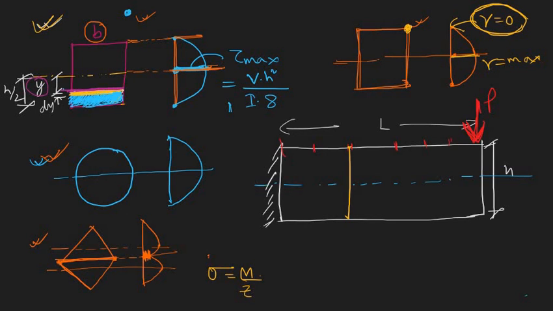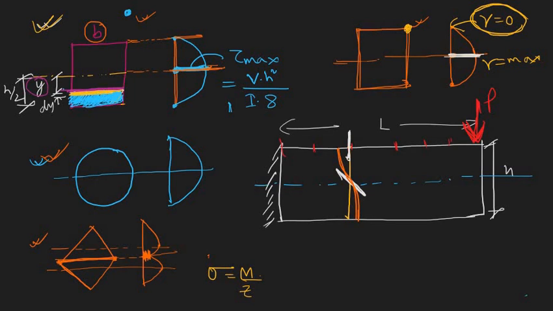That means it remains the same, no deformation at this point. The angle is 0, but here there is some value of angle. The angle here at this neutral axis is this one. It is only possible if your plane bends like this. Only in that case it is possible.